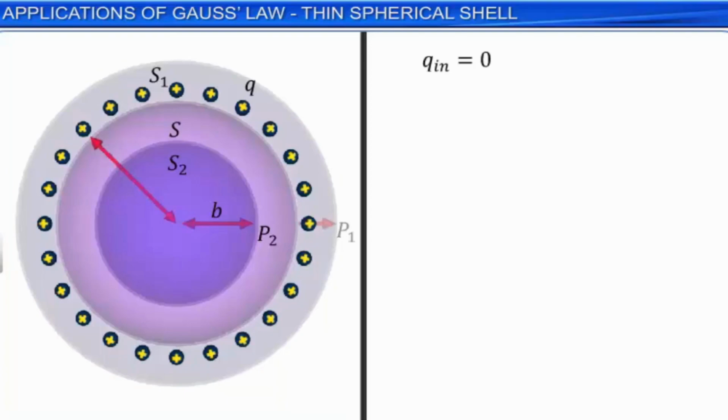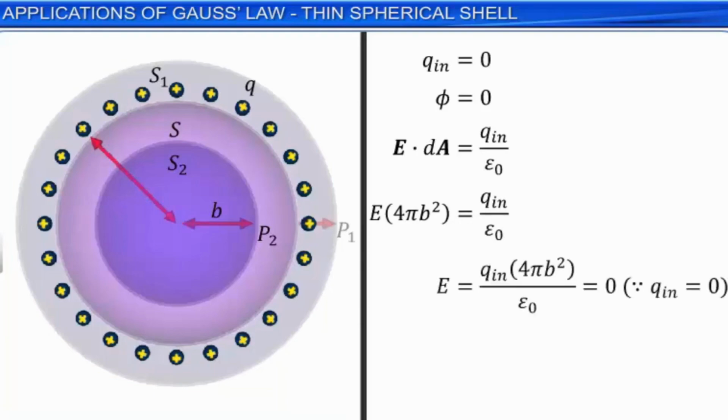Hence, net flux phi through this surface is 0. According to Gauss law, the integral E dot dA is equal to Qin by epsilon naught. Given that the Gaussian surface S2 has a surface area of 4 pi b square, and since Qin is 0 for S2, the electric field strength for any point within the Gaussian surface is 0.